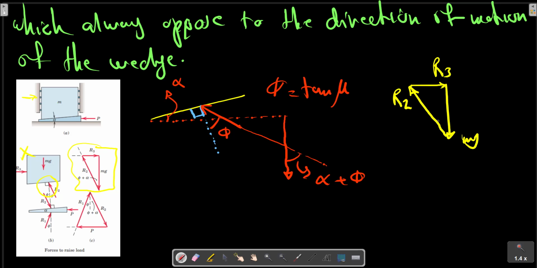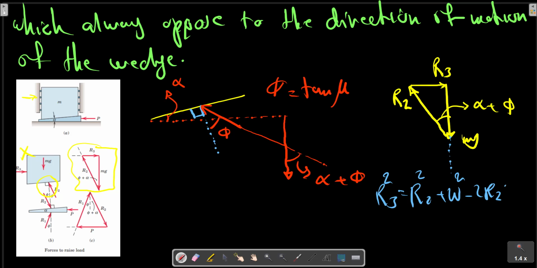For R2, we have this angle alpha plus phi. So we can calculate R3 squared equals R2 squared plus W squared minus 2 R2 W cosine of phi plus alpha.